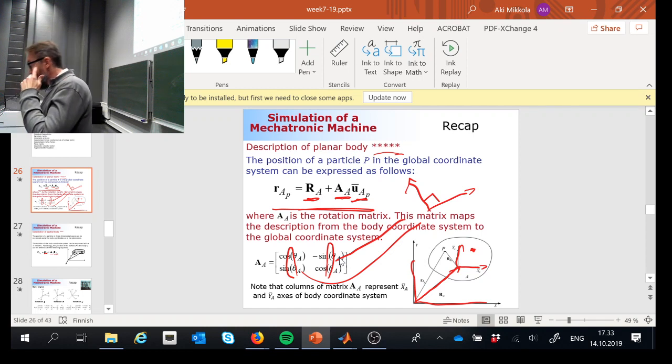Also they are unit in length, but orthogonality means that they are perpendicular to each other.